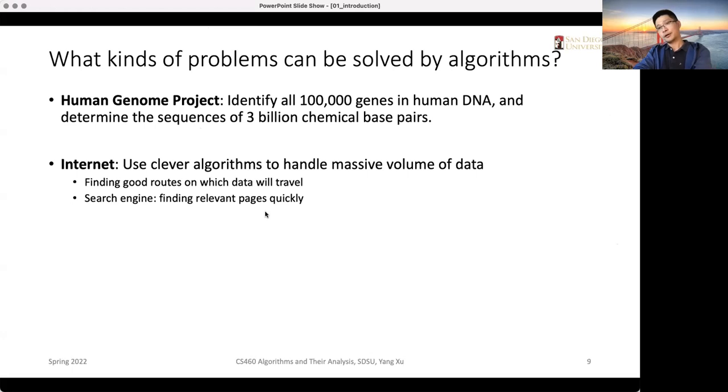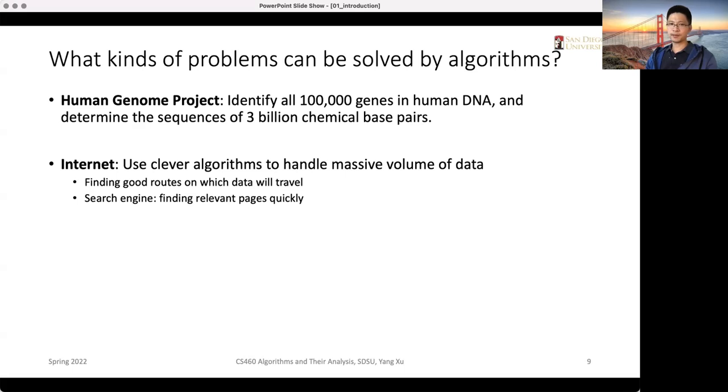Second, the internet, right? In order to have the internet running, we need really smart algorithms to handle massive volumes of data. For example, the routing process, right? We want to find good routes for each data packet. We want to avoid longer paths between routers, and we want to receive the data packet as soon as possible.